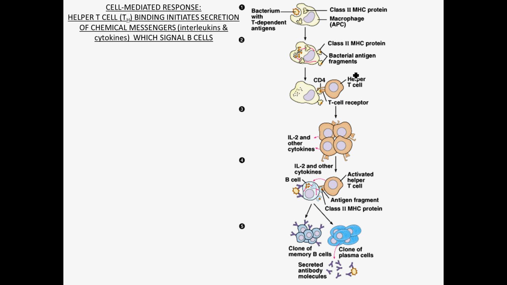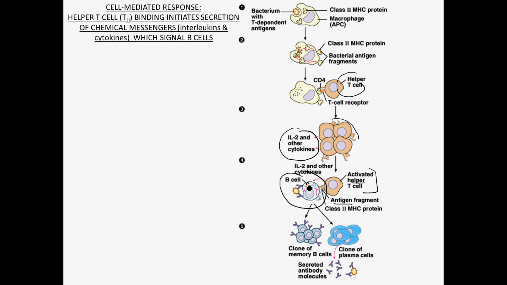So we activate these helper T cells. These helper T cells then proliferate, and here's interleukin-2 and other cytokines that are going to signal these B cells. And so I get this activated helper T cell right here, helping with the immune response. And again, I get an antigen fragment there. Some of these B cells, here they show you the binding of them.